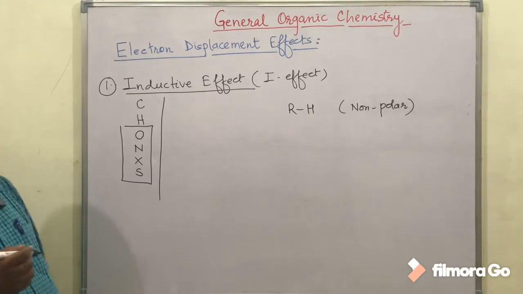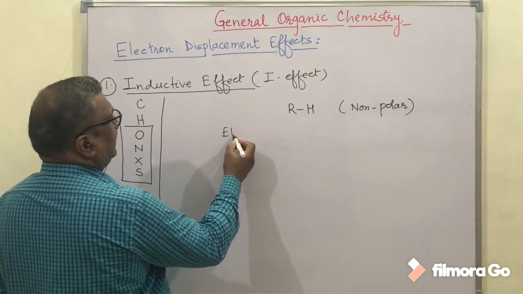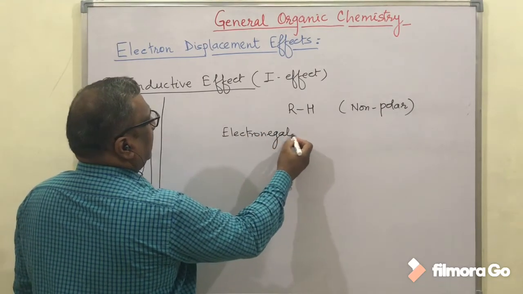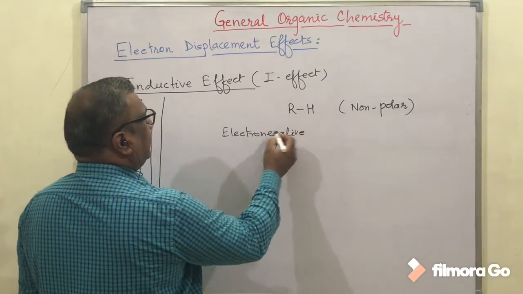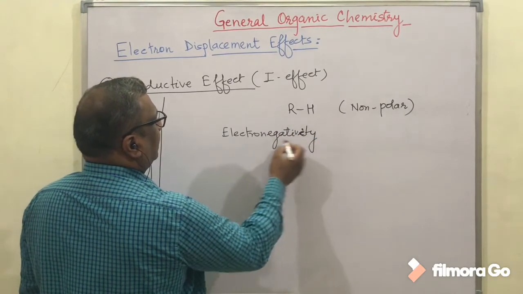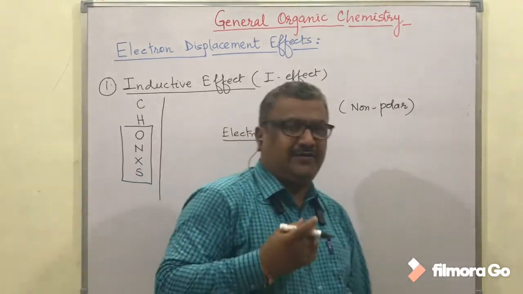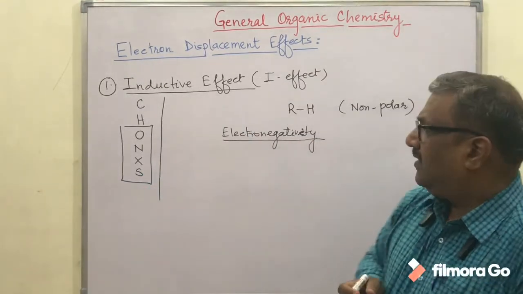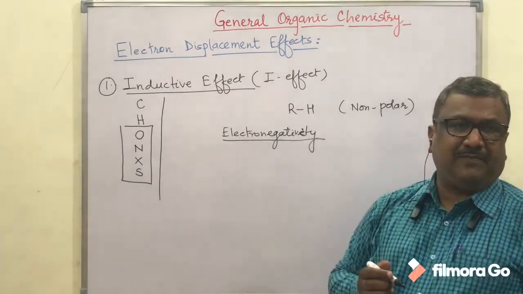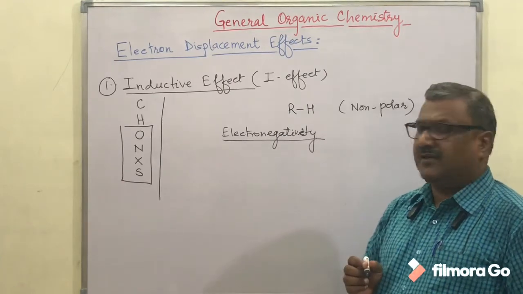In the GOC part, the application of electronegativity is very important. Without applying the concept of electronegativity, we cannot answer a number of questions. In the periodic properties part, we did electronegativity, and as a periodic property we were happy that it is simple because there was no exception.